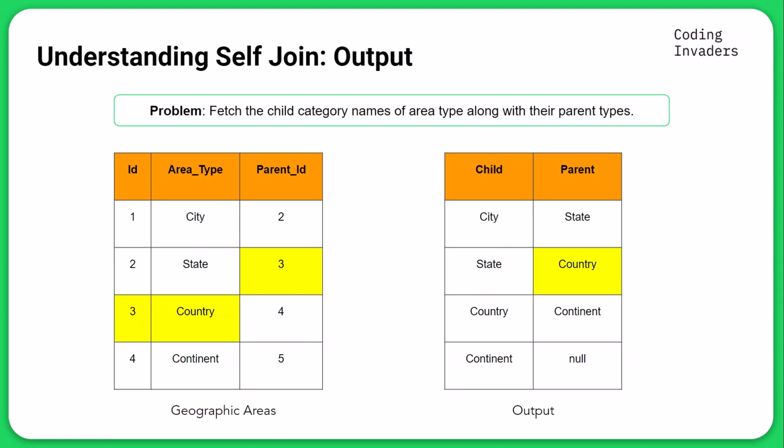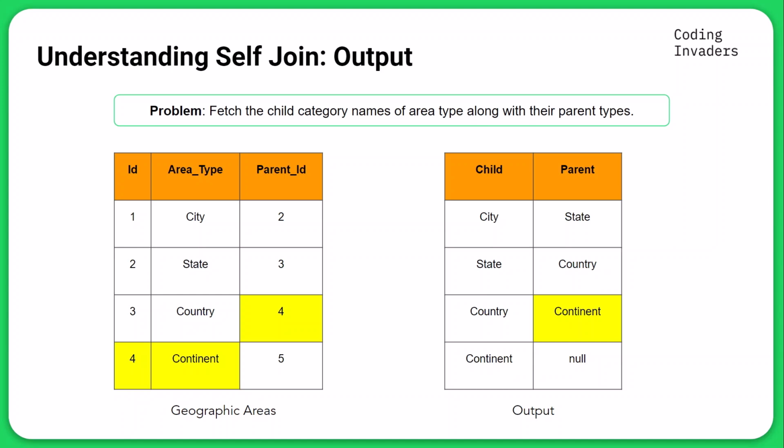Similarly, if you look for state, what is the parent ID? Parent ID is 3. Now where we have the same ID, we have the same ID for country, which says that country is the parent for state, right? And similarly, we have it for continent as well. For country, the parent ID is 4 and 4 is the ID for area type continent.